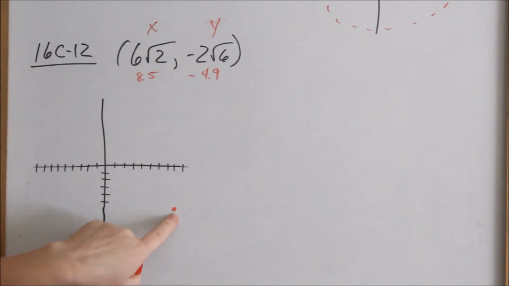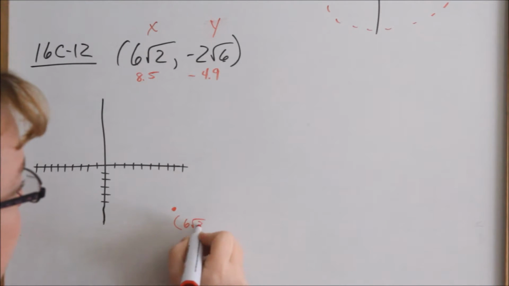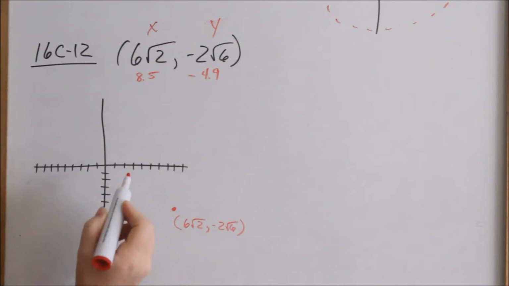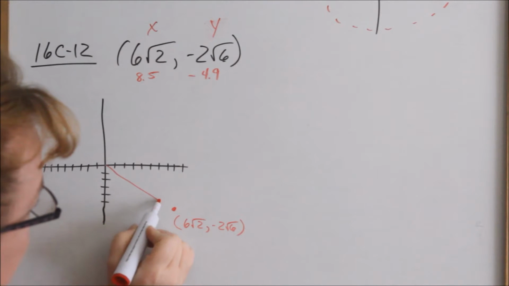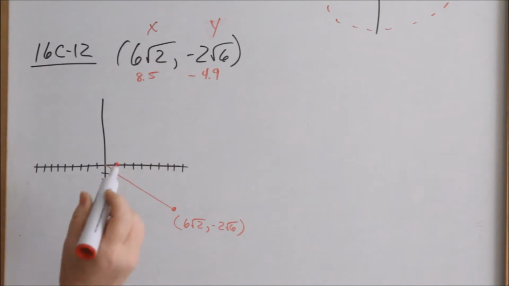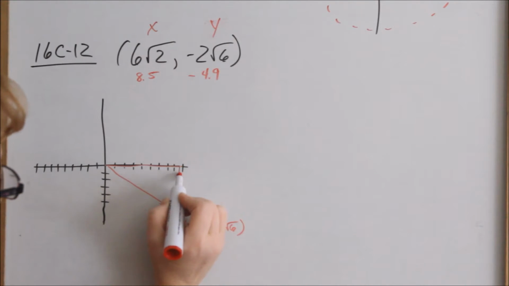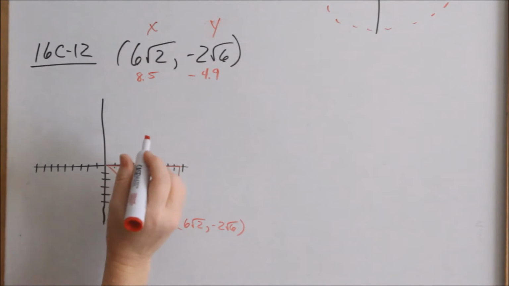Okay, so I've got this point of 6 square root of 2, that was my x direction, and then negative 2 square root of 6 in my y direction. So I can draw a line from the origin to there. Then I can also draw a triangle to represent that. Going that way would be my x distance.